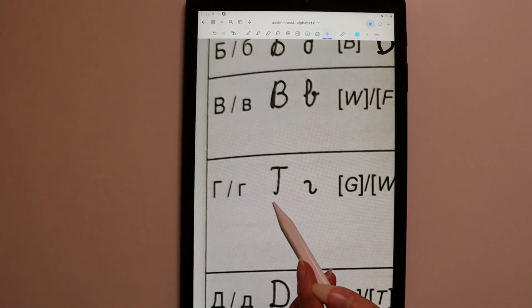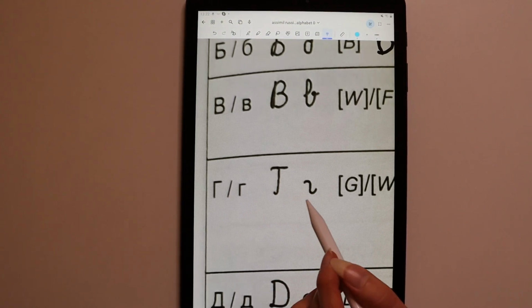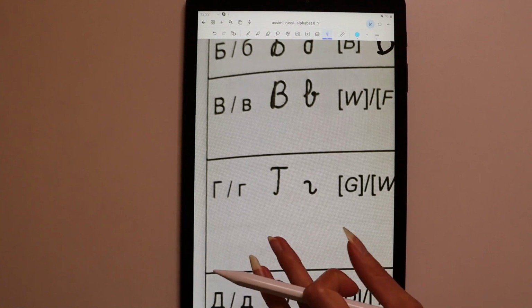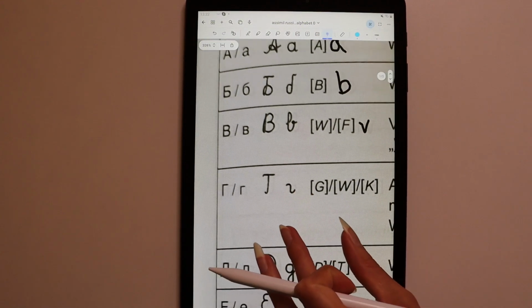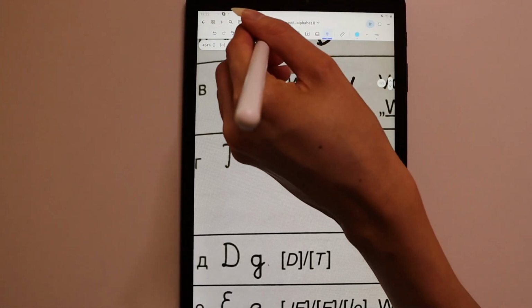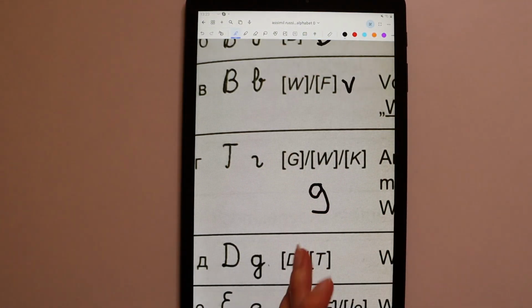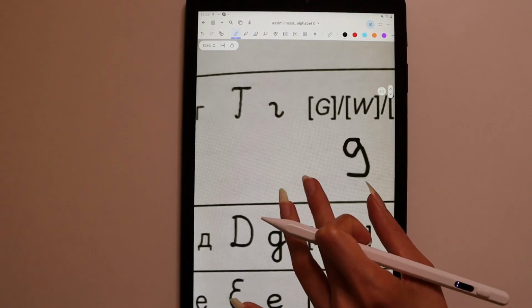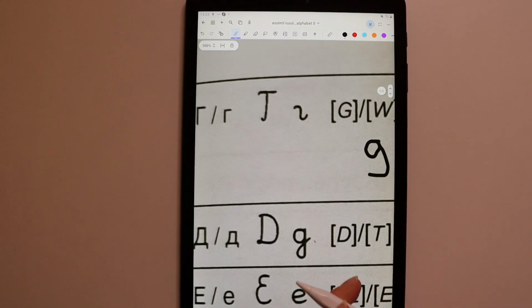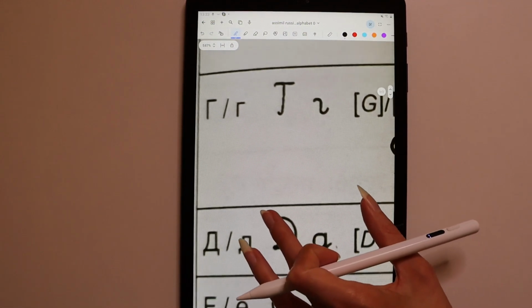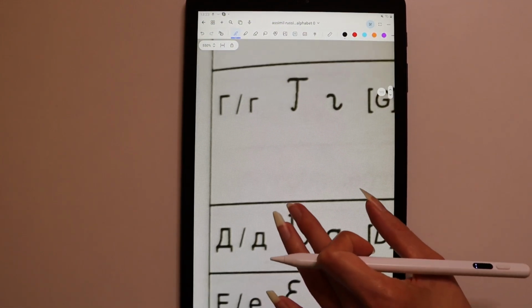But if you learn this, this is also not hard to recognize in a word, even in a cursive font. And G is like a G, and you pronounce it as in go. A G as in go, G.